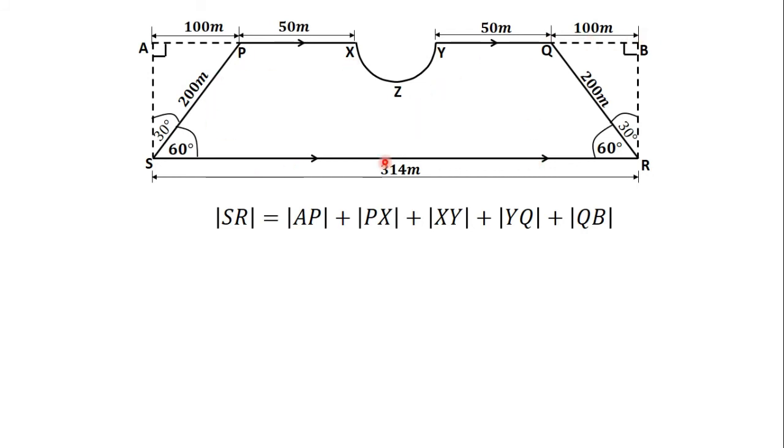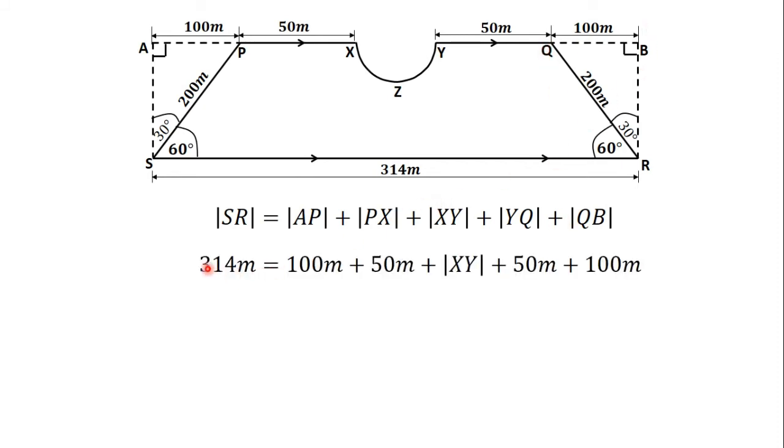If you look at the diagram very carefully, as you've already known, the distance SR is the same as the distance AP plus the distance PS plus the distance XY plus the distance YQ plus the distance QB. We know that SR is equal to 314 meters.